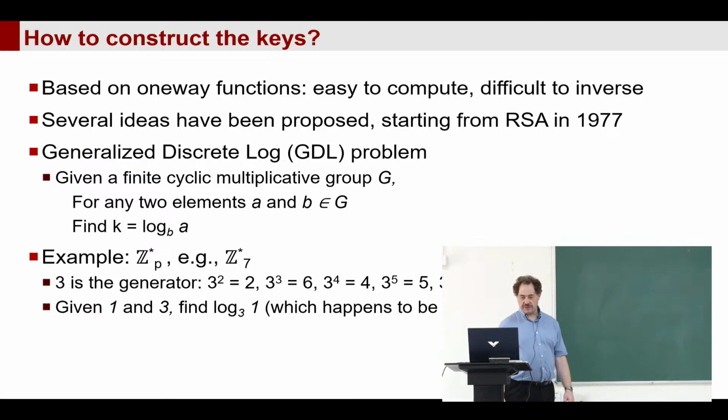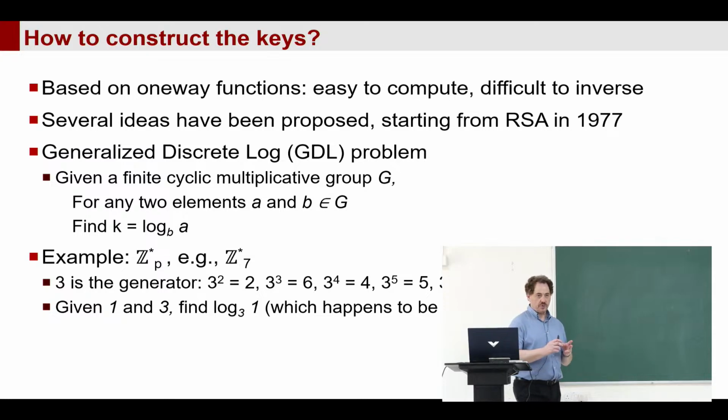For this group created by the prime number 7, the generator would be 3. 3 to the second is 2, 3 to the third is 6, 3 to the fourth is 4, 3 to the fifth is 5, 3 to the sixth is 1, and 3 to the 7 is 3 again.